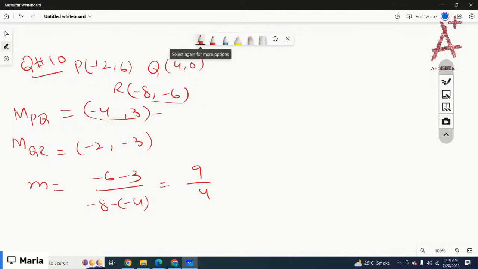Okay, now here we have the slope 9 over 4. The equation is y equals 9 over 4 x plus b.